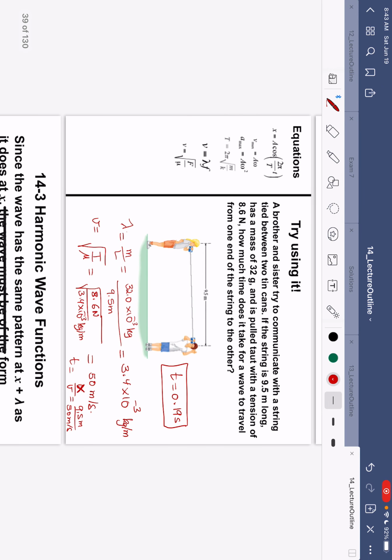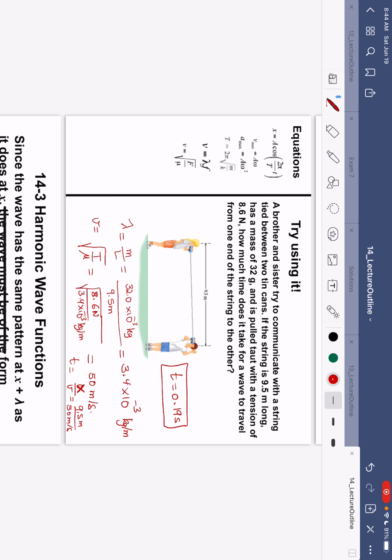Let's try to solve this one here. A brother and sister try to communicate with a string tied between two tin cans. I think everybody did work with this old phone. If the string is 9.5 meters long, has a mass of 32, and is pulled taut with a tension of 8.6 Newton, how much time does it take for the wave to travel from one end of the string to the other?